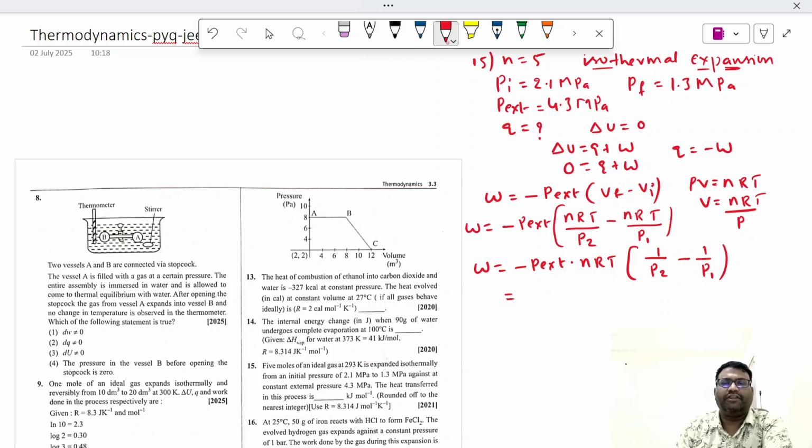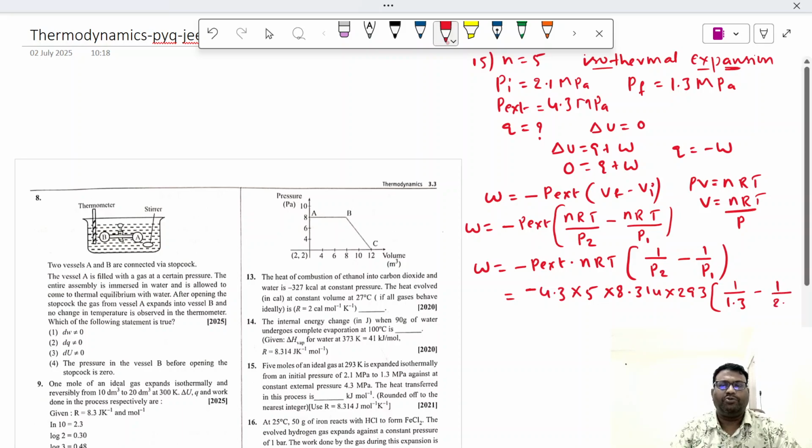Minus P external given, so 4.3, into number of moles given, 5, R value in the question given, 8.314, right? 4.3 into 8.314 into temperature given, 293 Kelvin, constant temperature, into 1 by P final, which is 1.3, minus 1 by 2.1.